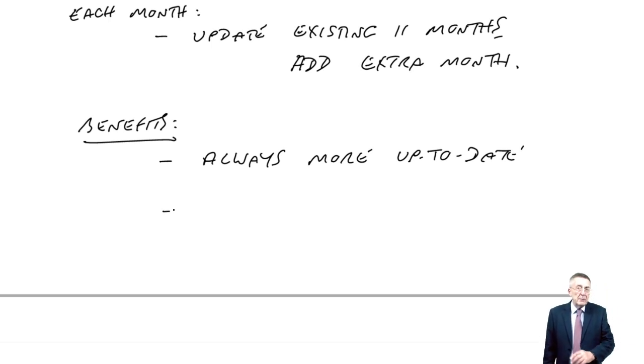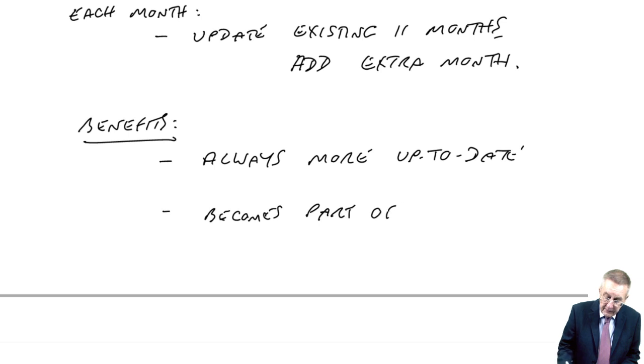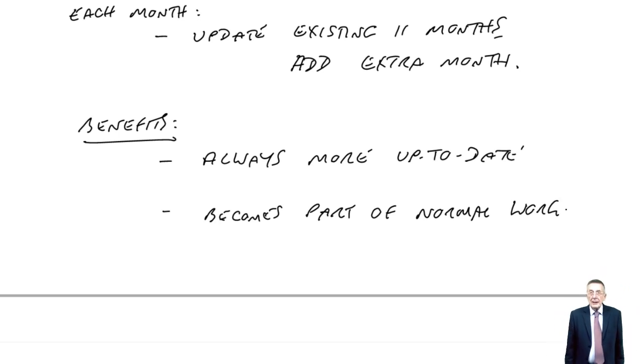Well, the benefit of a rolling budget is it becomes part of normal work. You know you're going to have to do it every month, and so you start setting aside time. You become under less pressure.